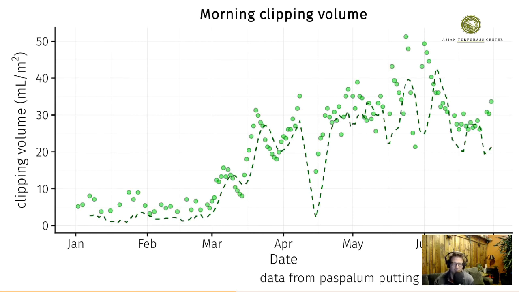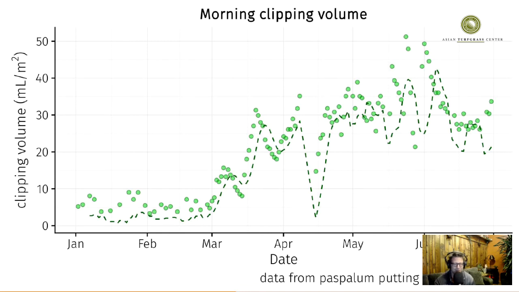When one knows the clipping volume, it's also possible to estimate the nutrient harvest, and one can look at differences between different mowers. And when the clipping volume is measured on all the greens, one can also look at difference in growth from green to green. So there's an unlimited number of things that one can look at with clipping volume.